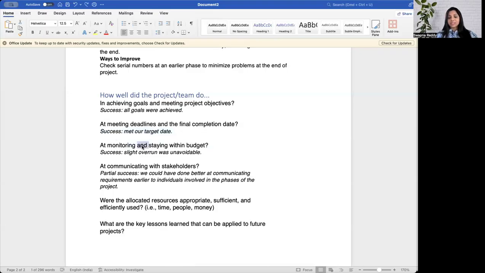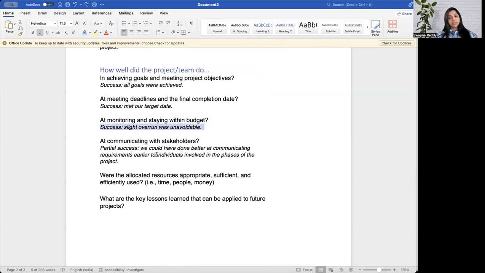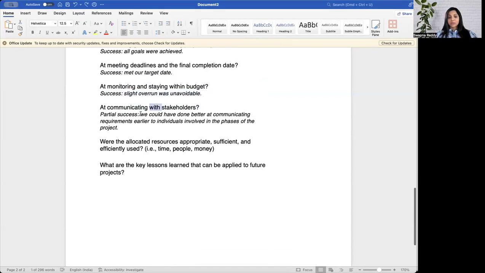And monitoring and staying within budget. I'm just saying a slight overrun was unavoidable. What kind of alternative actions were taken has to be listed out. On communicating with stakeholders, partial success.